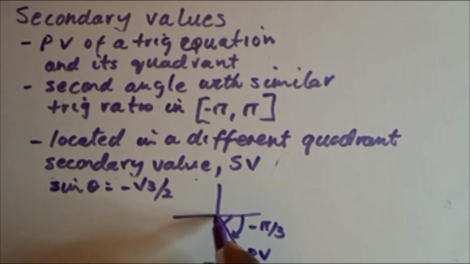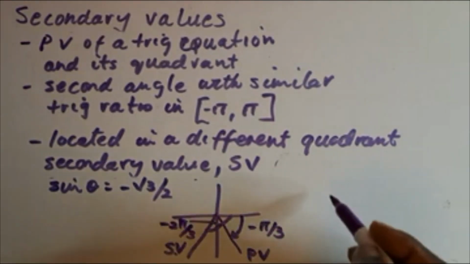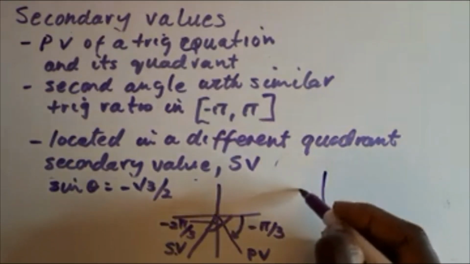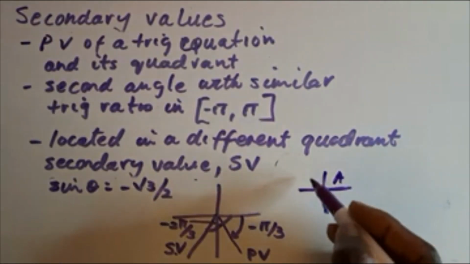lies, let's just draw, in this quadrant here. So this is our SV, and this is minus 2 pi over 3. Bear in mind that in this quadrant all the ratios are positive.